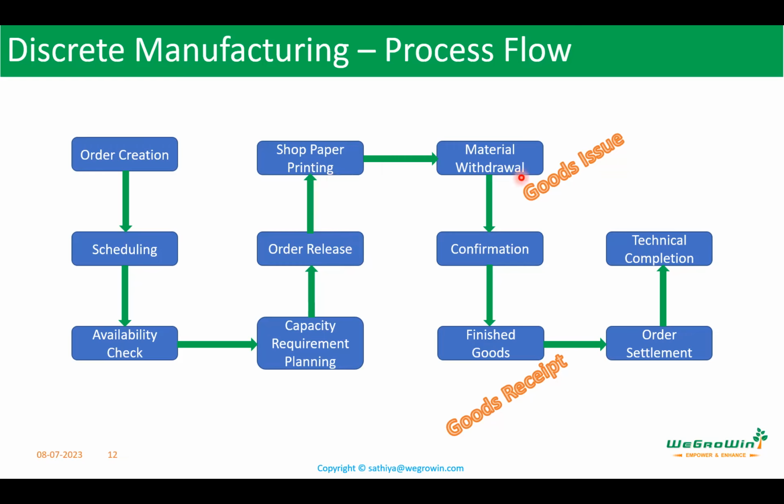Material will be withdrawn from the stores to carry out the production, which is called goods issue in SAP. Then we do the confirmation, where we enter the production details, and then we get the finished goods, that is the goods receipt. Then order settlement and technical completion are done. The order settlement will be taken care of by the controlling people, so we will be doing up to the finished goods.